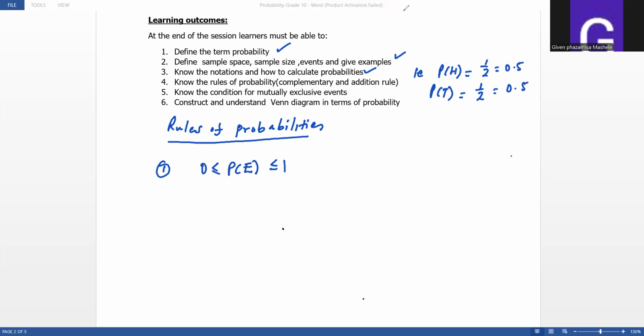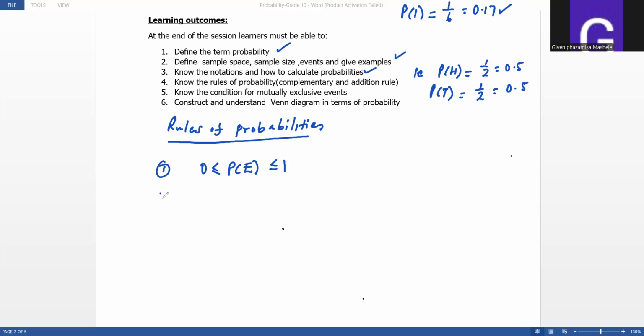Another example, the probability of a die to land on 1 is 1/6, which is roughly 0.17, and that is also between 0 and 1. So you need to know the rules of probabilities.